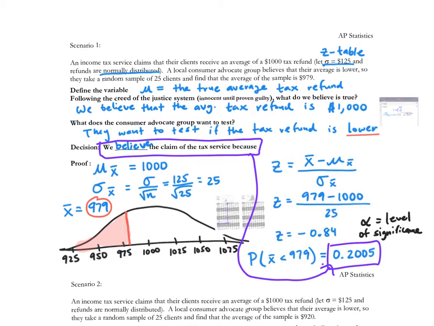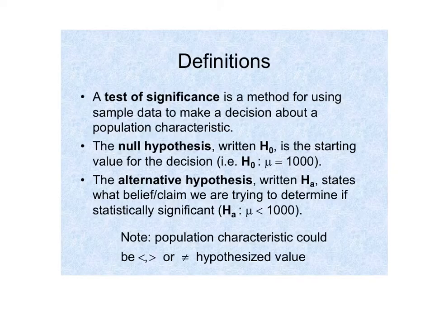All right. Okay, so a couple of definitions that I want to look at. Let's go to those. All right, one of the first definitions is a test of significance. It's a method for using sample data to make a decision about a population characteristic.